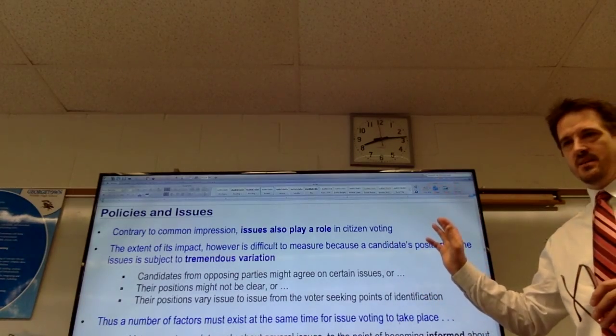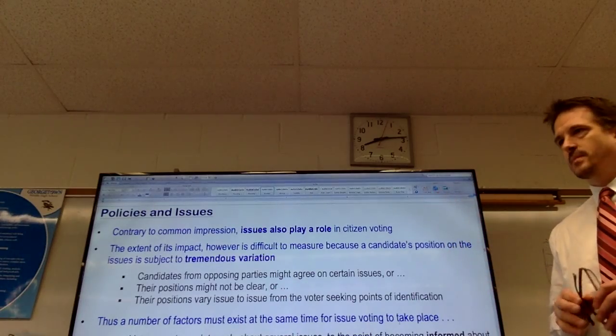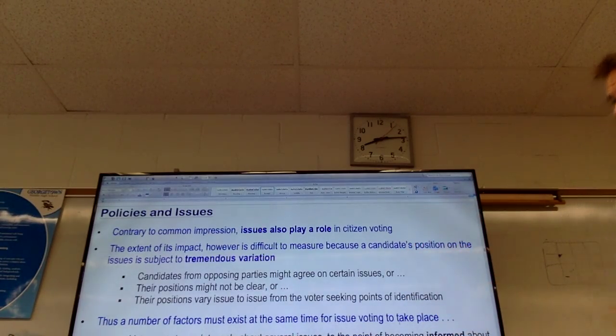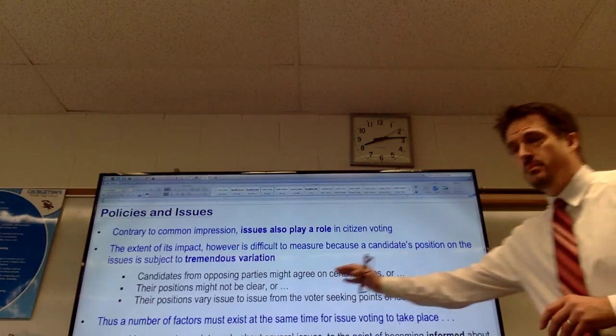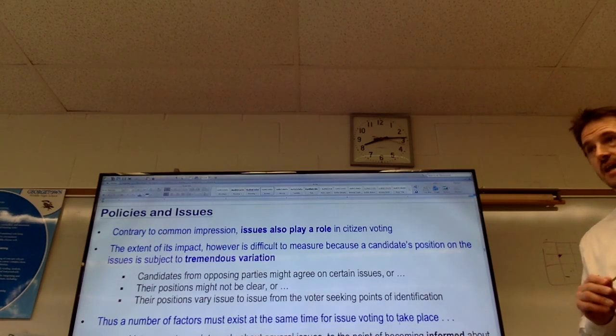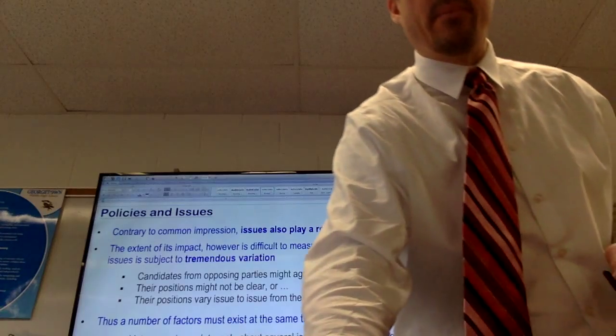Maybe that's a bad example to pick. They're going to talk about foreign policy and how to handle Syria, and the differences won't be that extreme, or it just may not be clear to you what they're saying. So again, I've got to get your variations and the candidates' variations to line up. That involves them taking clear and distinct positions on the issue, and that doesn't always happen.